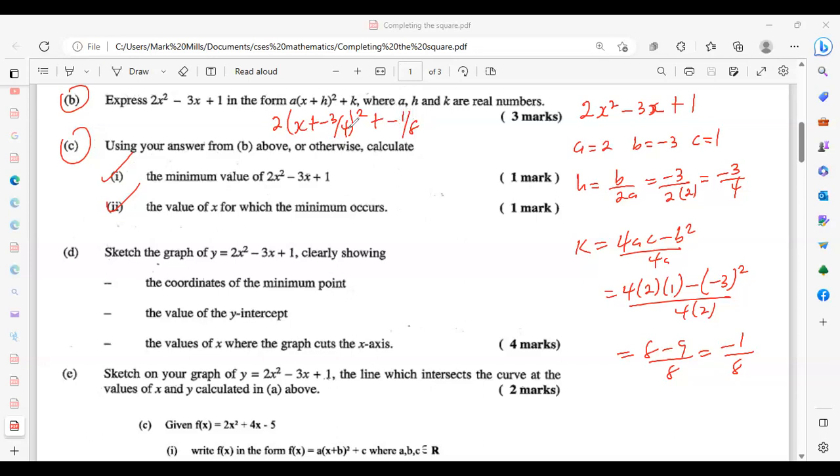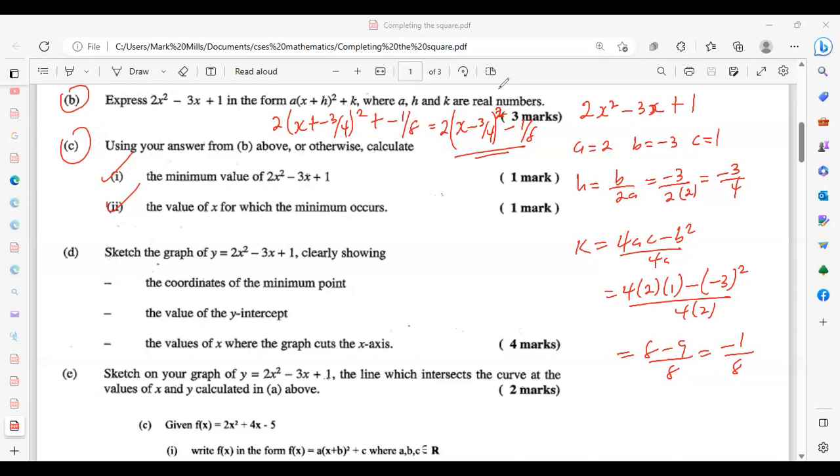If you want to write it nicely, it would be 2 bracket x minus 3 over 4, squared, minus 1 over 8 as your final answer, because a negative plus will give you negative. Remember that this is squared.